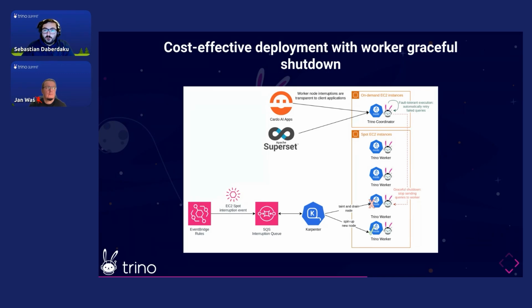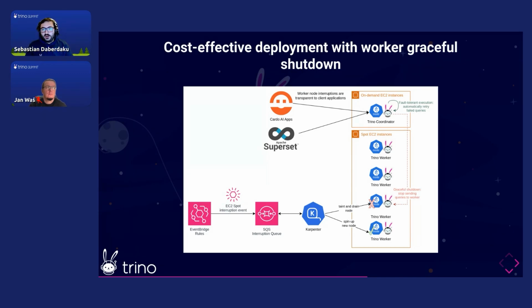since we have configured the pre-stop lifecycle hook, by enabling graceful shutdown, the worker will enter the graceful shutdown state, and the coordinator will know that it needs to stop sending tasks to this worker because it's about to be turned off. Another thing that can be enabled is the fault-tolerant execution, to automatically retry failed queries.